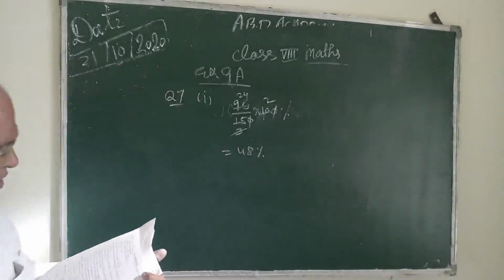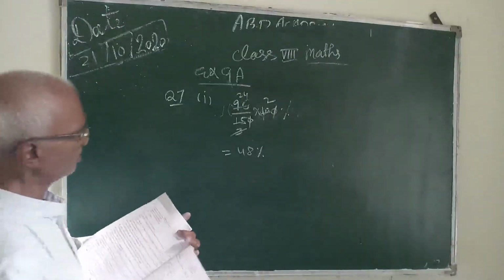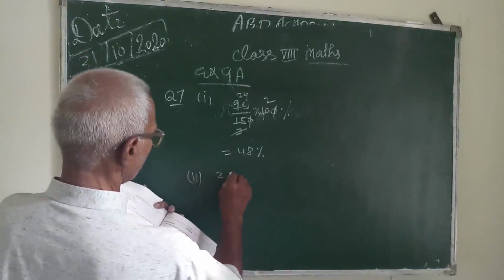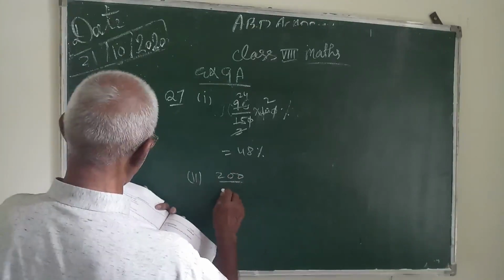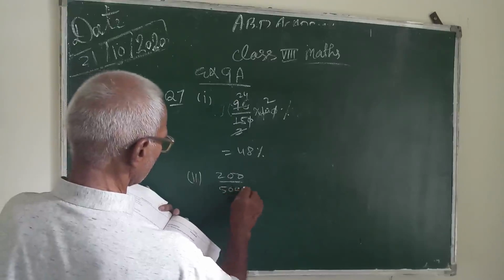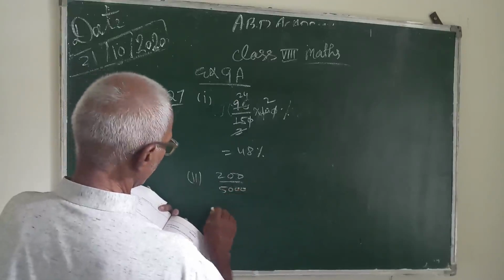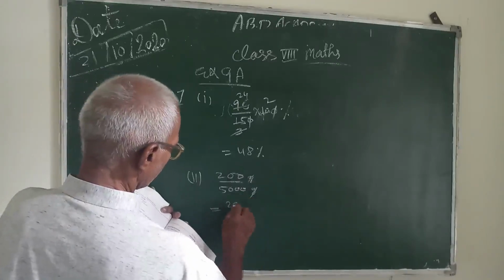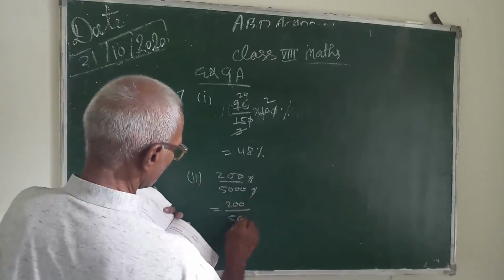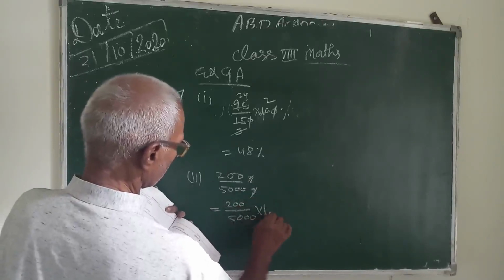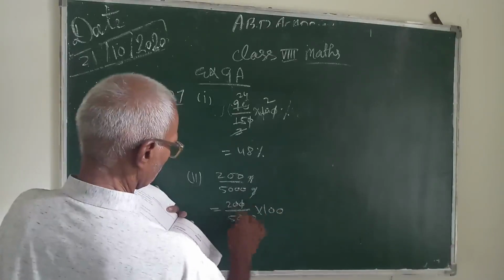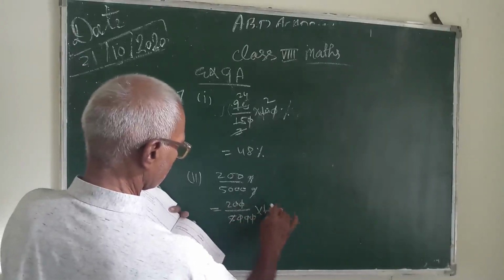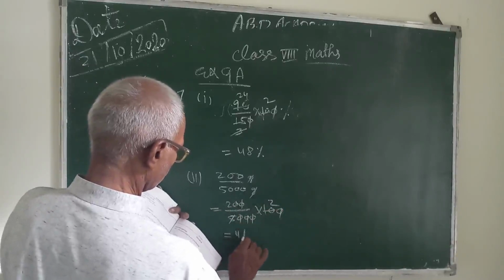Similarly, what percent of 5 kg is 200 gram? So change into grams: the ratio will be 200 upon 5000, where gram cancels, and the percentage will be 200 upon 5000 into 100. So it becomes 4%.